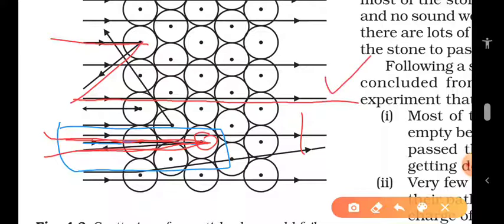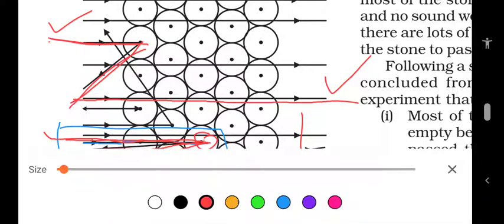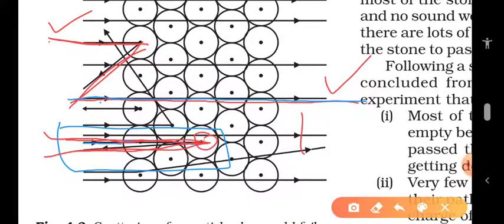Why is this one going in a straight line and this one coming back? Because this is striking the center of the atom. That's why it is coming back. But in this line, there is no return. It keeps on going straight. The reason is it's not striking the center of the atom at all. It is traveling in a different way, where there is no center.